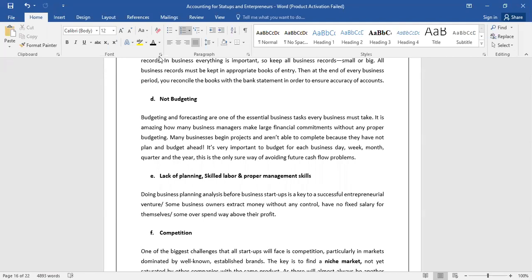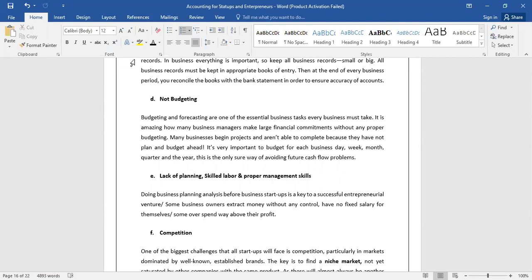All right. Another challenge that startups face is lack of planning, skilled labor, and poor management skills. Doing business planning analysis before business startup is key to a successful venture. Most business owners extract money without any control.